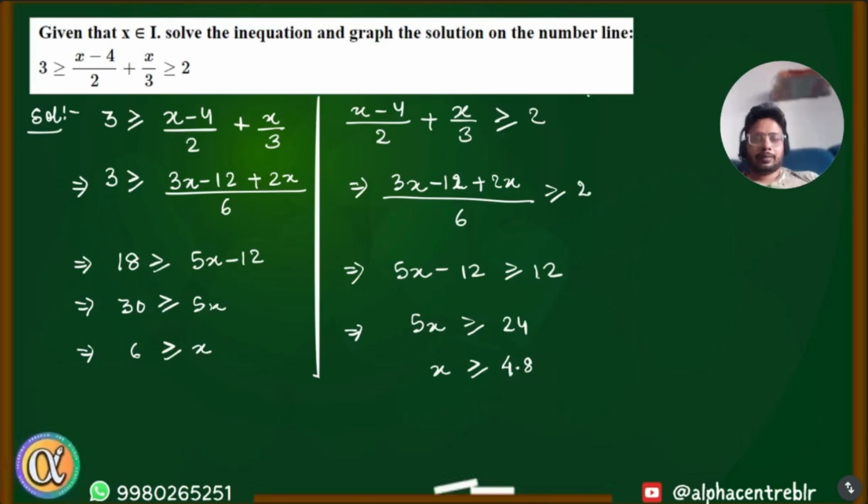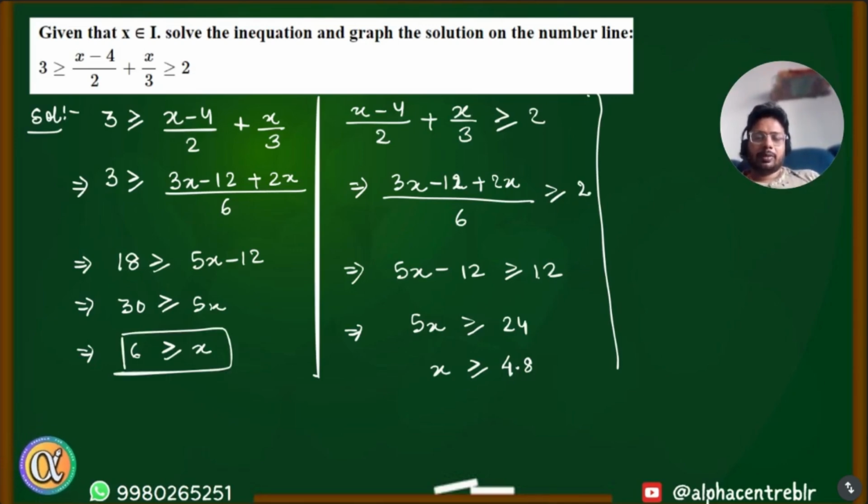Is this okay? Yes. Okay. So I think if we combine these two, x is greater than or equal to 4.8, but less than or equal to 6.